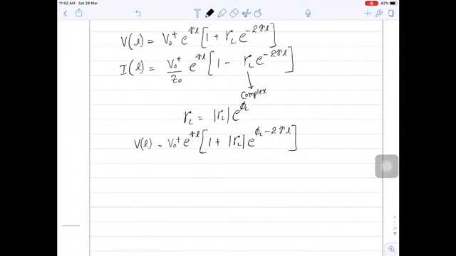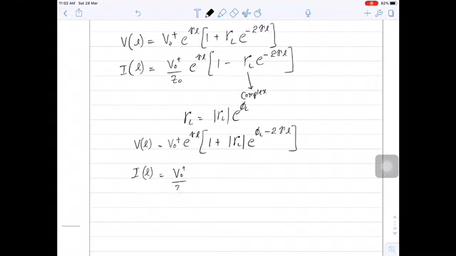This is the expression for voltage, and for current, I(L) equals V0+ by Z0, e^(γL) (1 - |Γ_L| e^(jφ_L) e^(-2γL)).